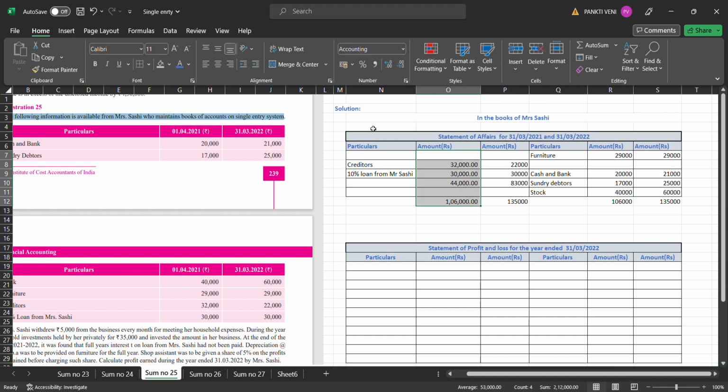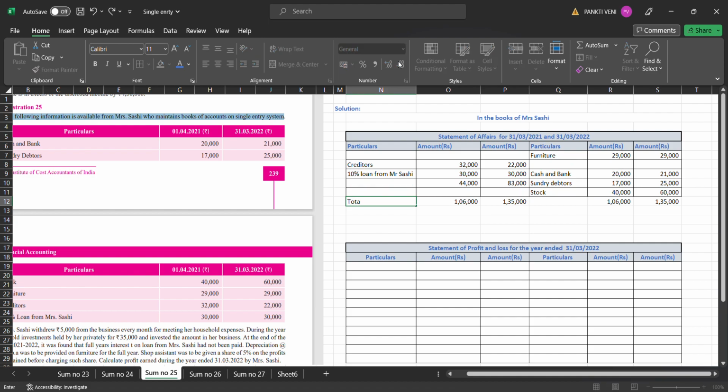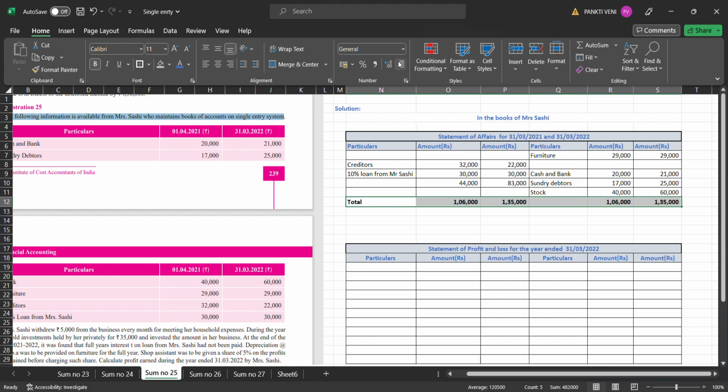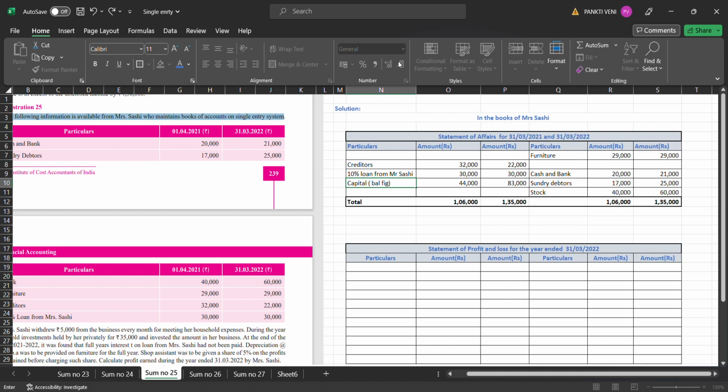Okay, done. Now we have total. So this is my capital, balancing figure. Done.